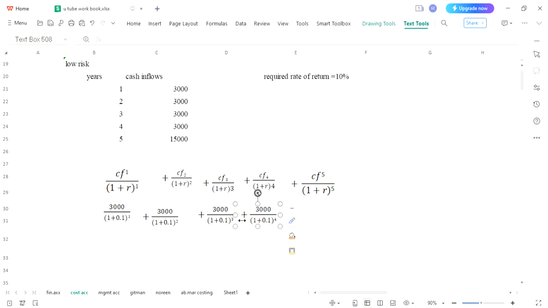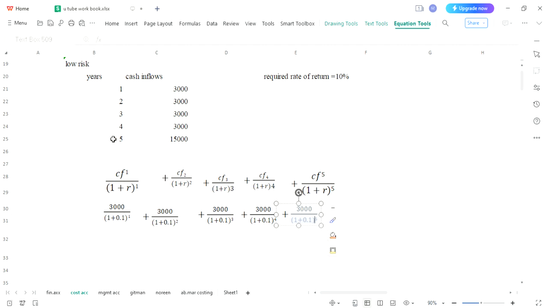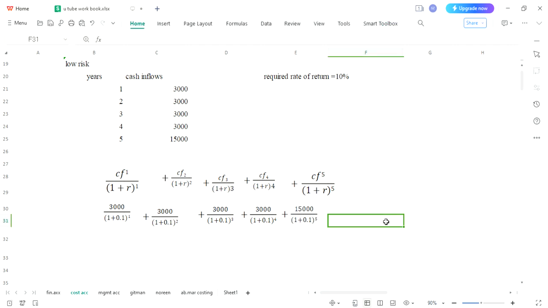You will have to be careful in writing all of these statements when you are writing it on your copy. So as you can see, everything is to be written carefully. For last, we just need to change our year. It's fifth year. And second change, look over here. For fifth, we have cash flow as 15,000. So just change it down, 15,000.